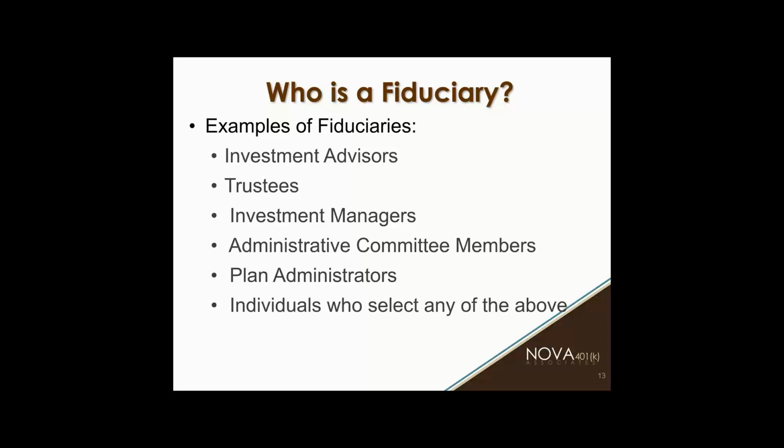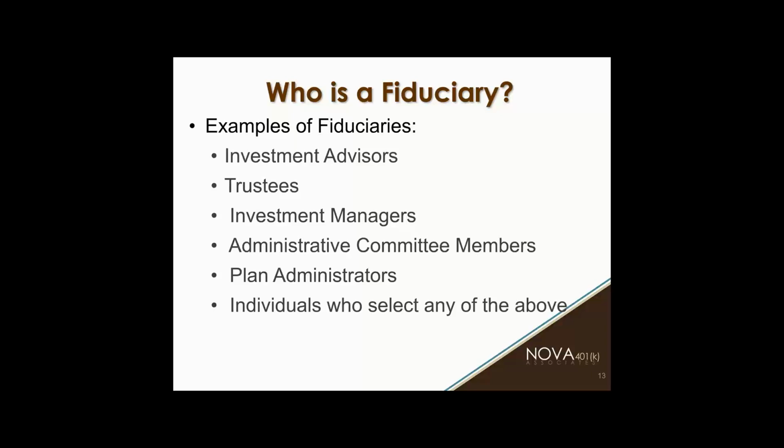So some examples are, again, your investment advisors, the trustees that are named in the legal plan document that NOVA prepares for you, investment managers at the investment companies, Hancock, Voya, Principal, whoever you're with. If you have an administrative committee that makes decisions about the plan, then everybody on that committee is a fiduciary as well.